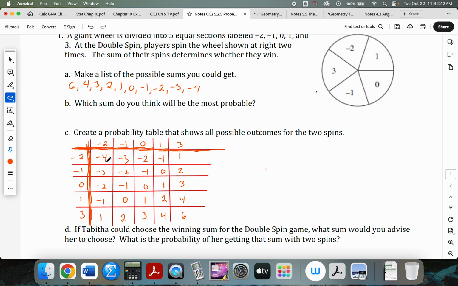So how likely, what's the probability of getting a -4? How many -4s are there in the table? One. There's one -4. Out of how many? 25.